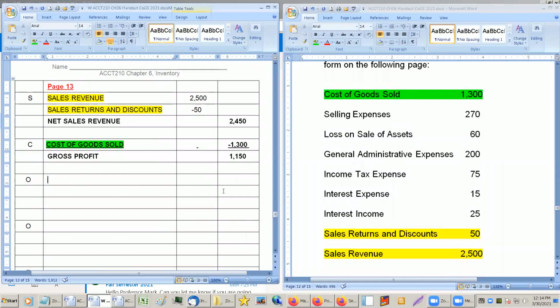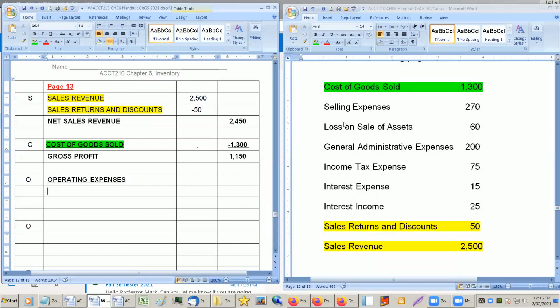The next thing we have is our operating expenses. And operating expenses are basically two expenses.